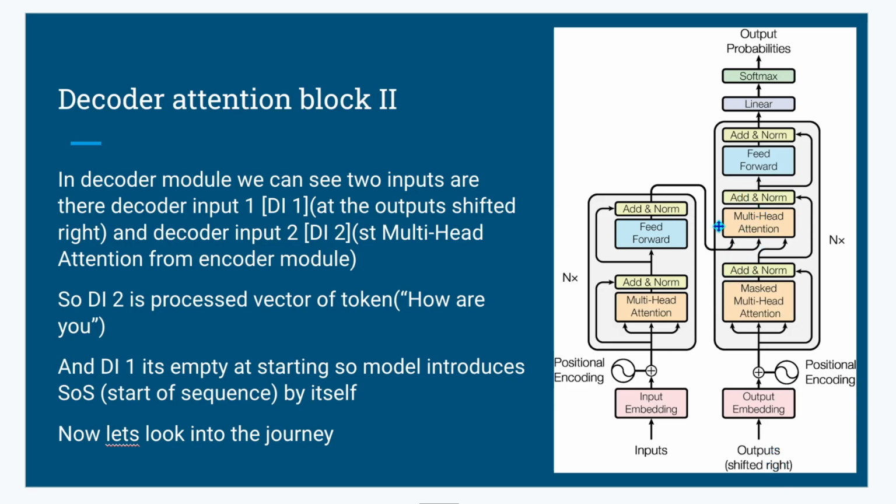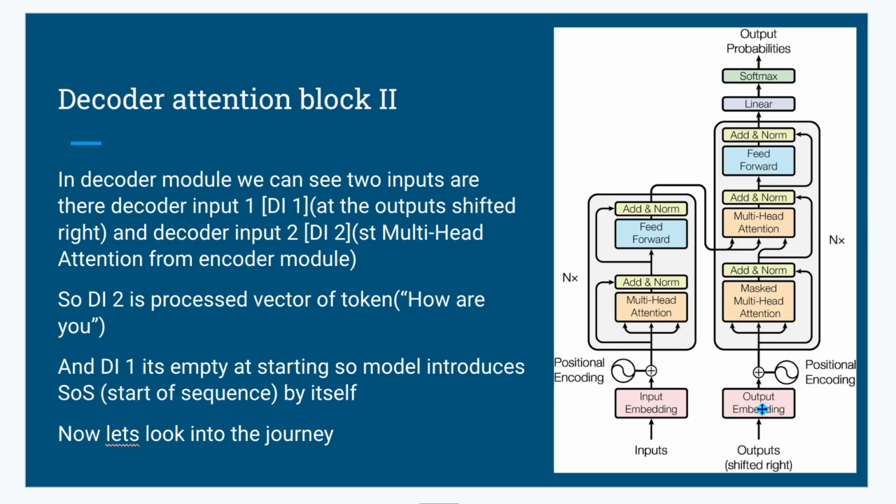So these are the two inputs for the decoder module. DI2 is a processed vector of the token, and DI1, decoder input 1, is empty at the starting. So the model introduces SOS, the start of the token, by itself.